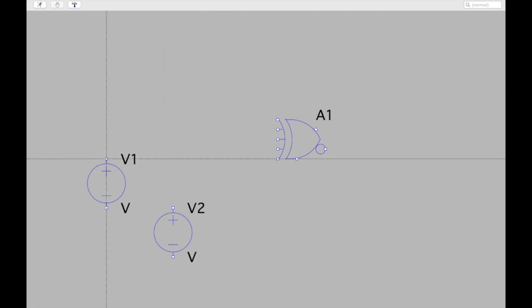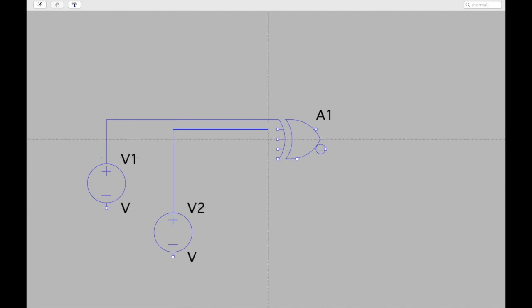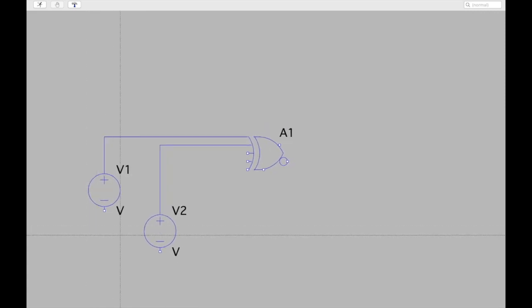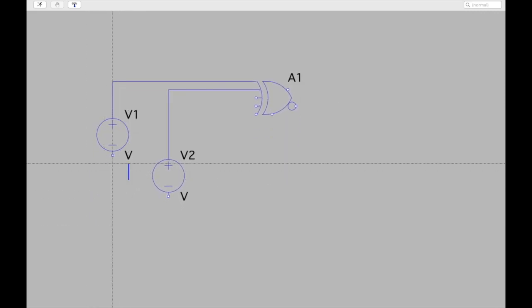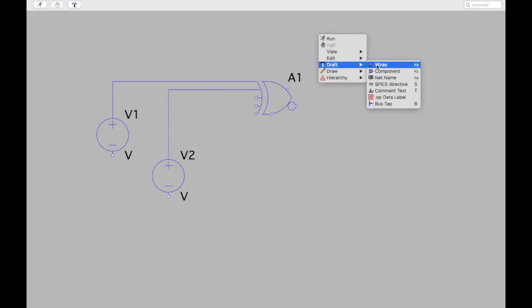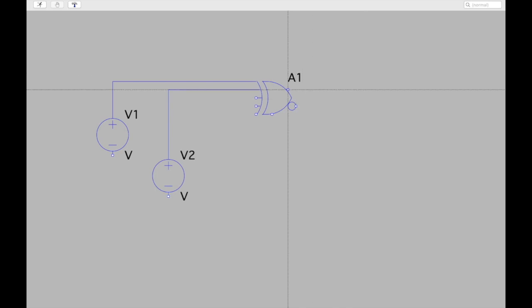Of course, in Windows you also have shortcuts, which we can see at the top. And here we will use something like this, and of course for the output, again Draft, Wire. Click here and bring it here.